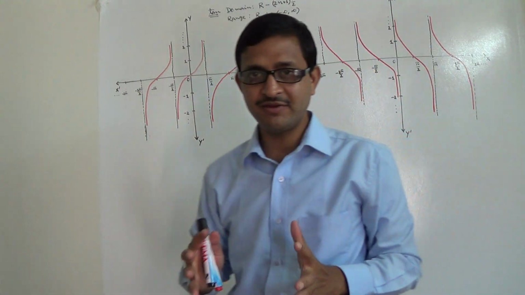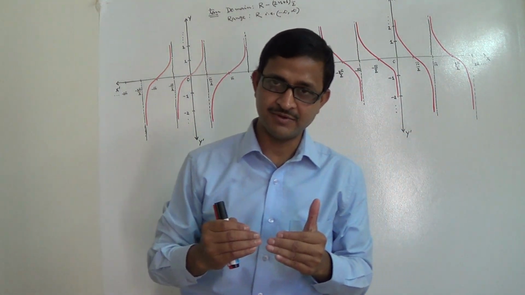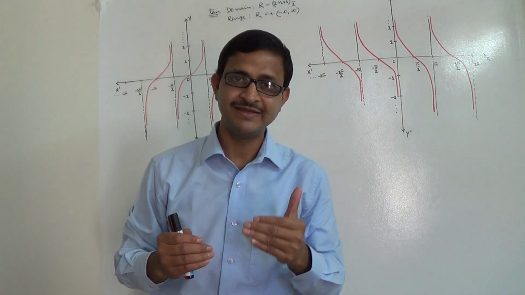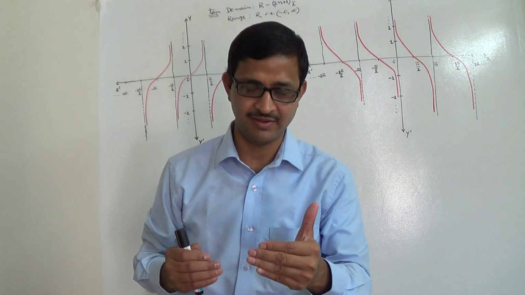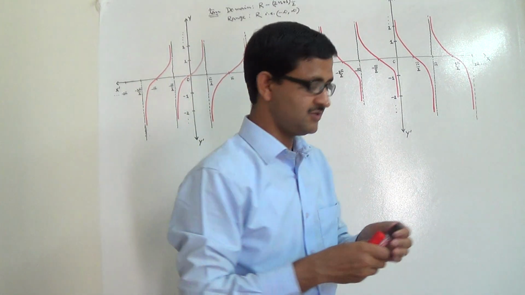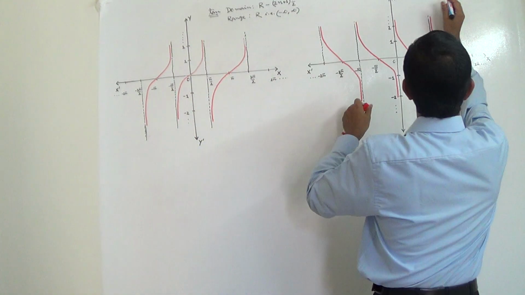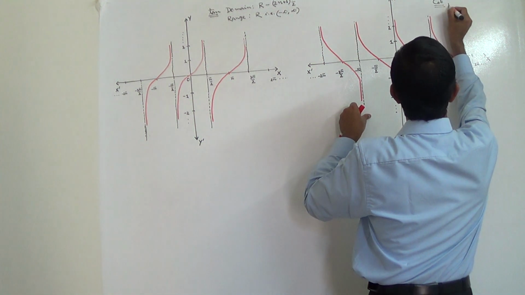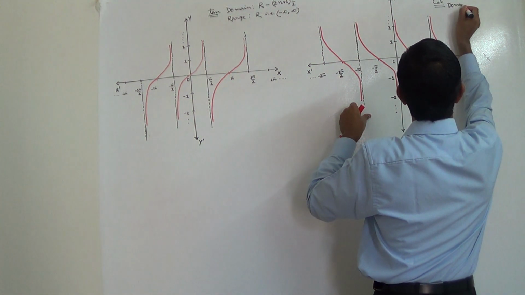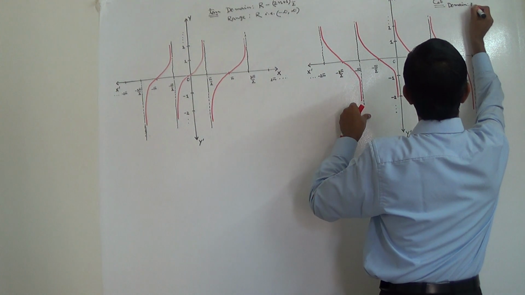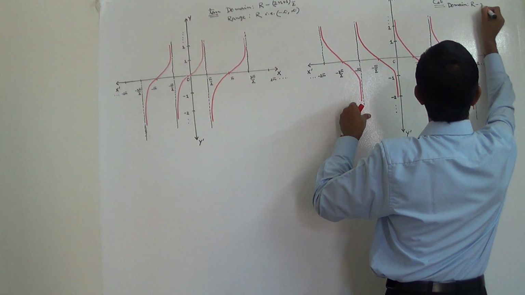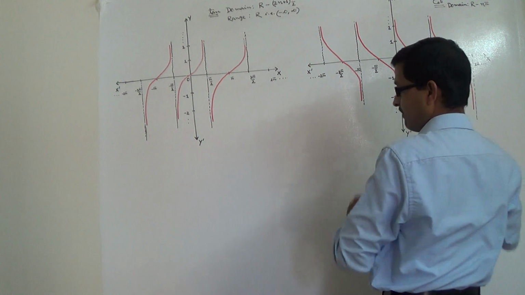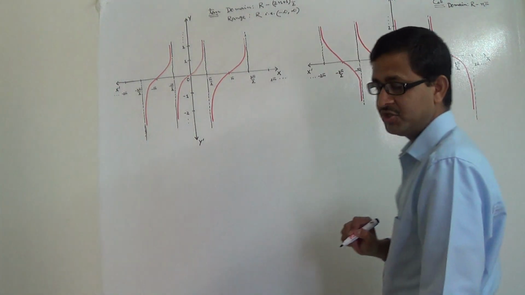That means the domain is any real number except an integral multiple of pi. So how can we represent it? We can represent it here. So cot, its domain is any real number except n pi, where n is any integer.